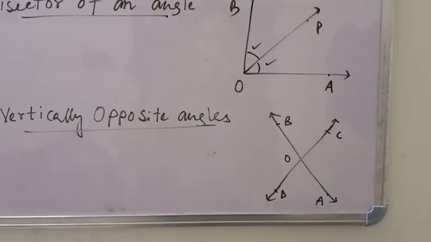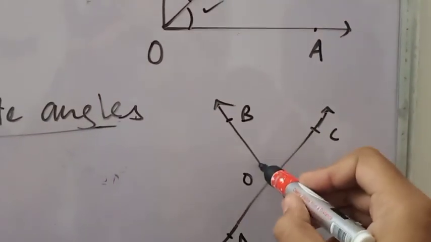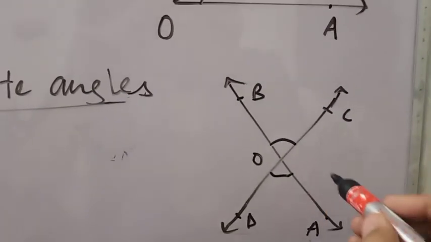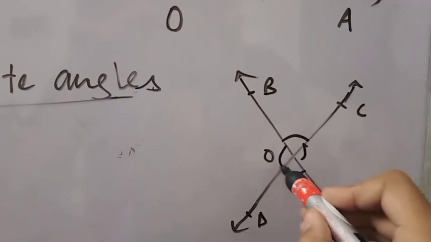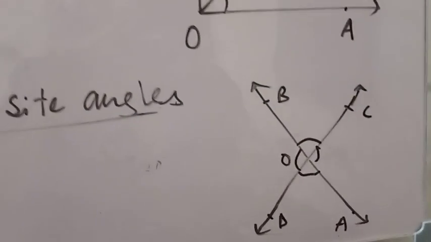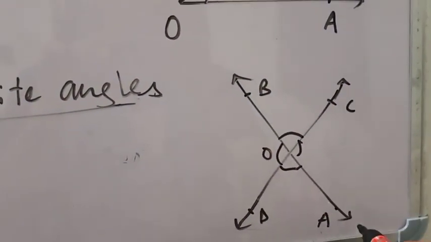In vertically opposite angles, see the figure X. In X, this angle and this angle are vertically opposite angles. Similarly, this angle and this angle are vertically opposite angles. If we see the figure closely, then we say that this is a linear pair.